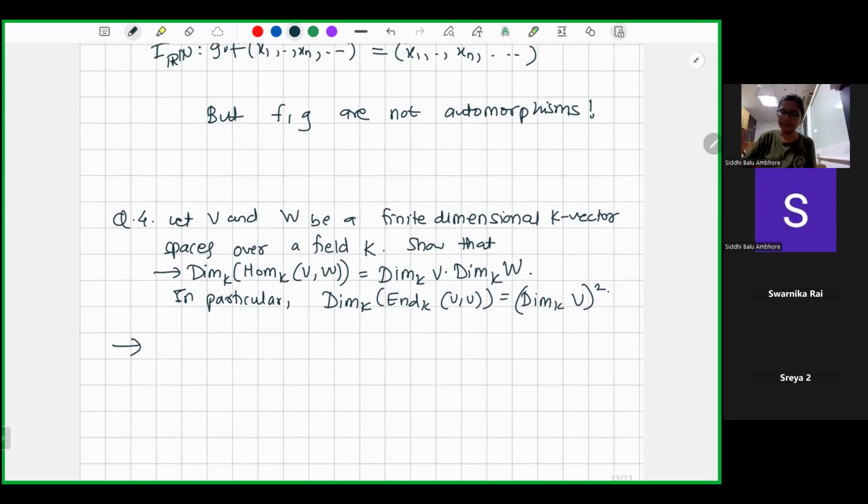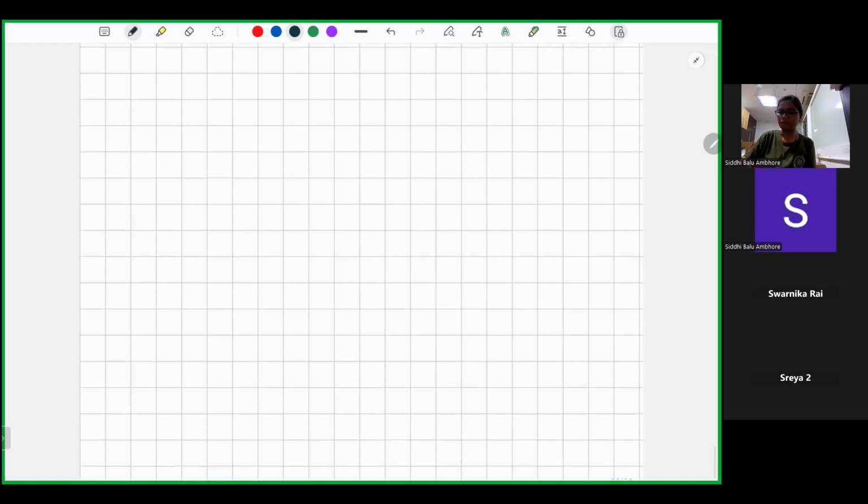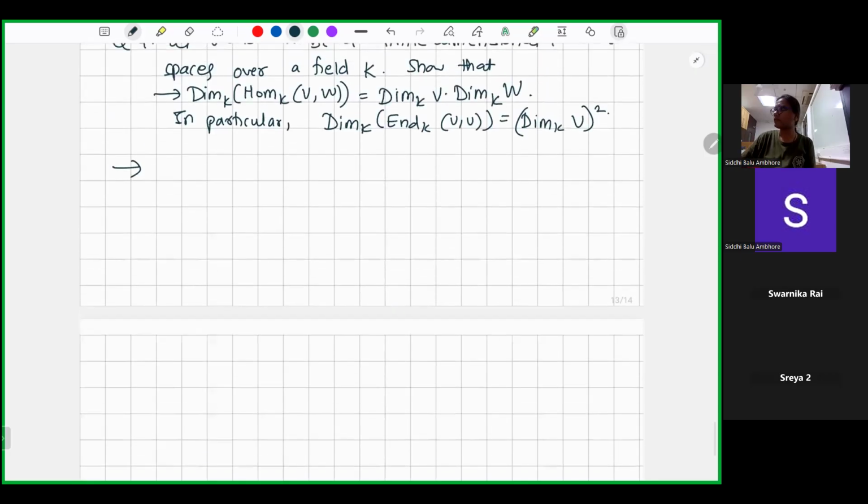We just define this map phi from V to V^n, and we try to prove that this map phi is injective.